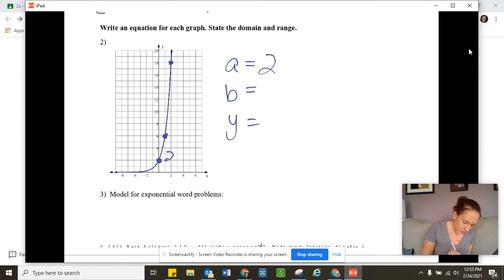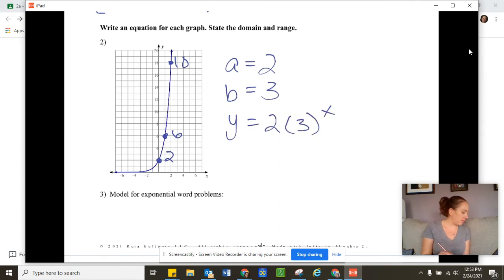So I go from 2 to 6 to 18. B is asking what are you multiplying by each time as you go up? In this case, we are multiplying by 3. So that makes my equation 2 times 3 to the x power.